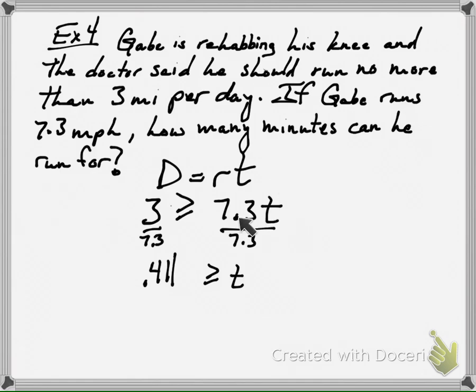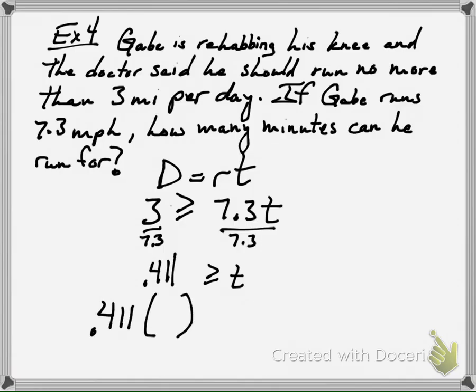We're dealing with miles per hour and 3 miles. So if this is in hours, that's how many hours there. And so if I want to get down to minutes, I'm going to have to do something with this, right?